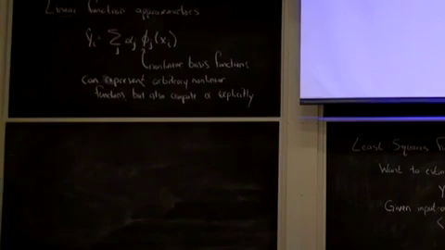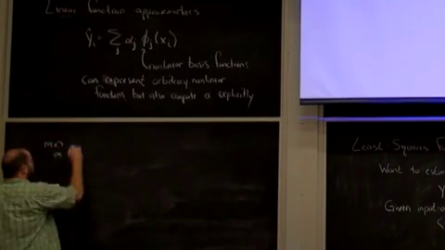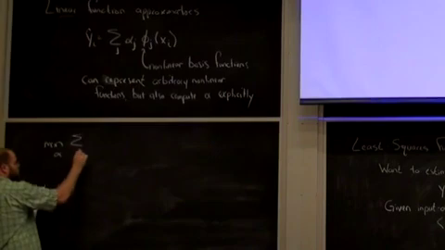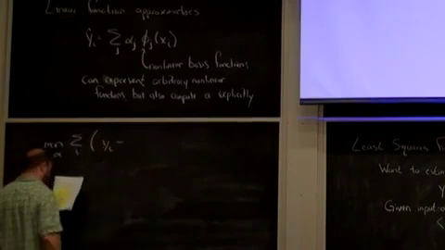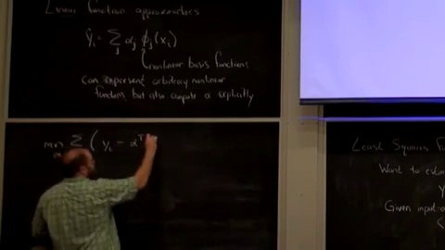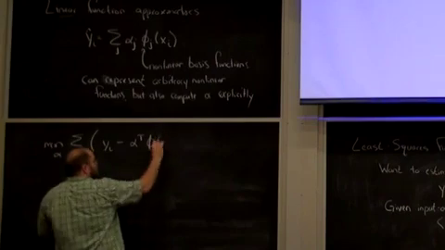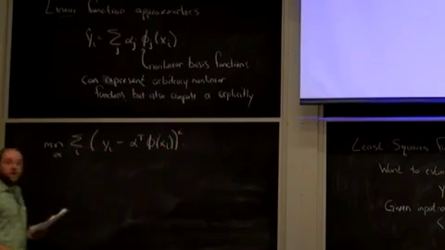If I want to minimize that squared error, if I minimize over alpha, sum over i of yi minus alpha transpose, I'll write the vector form of that, phi of xi, squared.